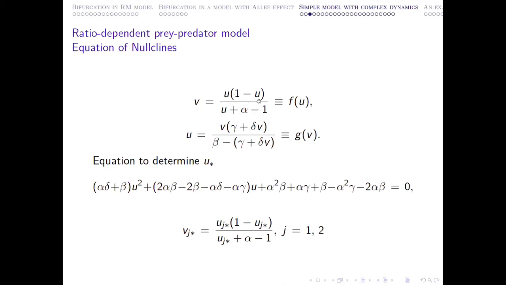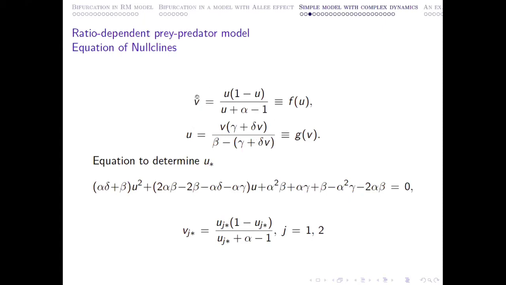Then looking at the equation and depending upon the magnitude of the parameters, you can understand what kind of curve they represent. But in order to find out the coexistence equilibrium point, you need to eliminate v between these two equations.